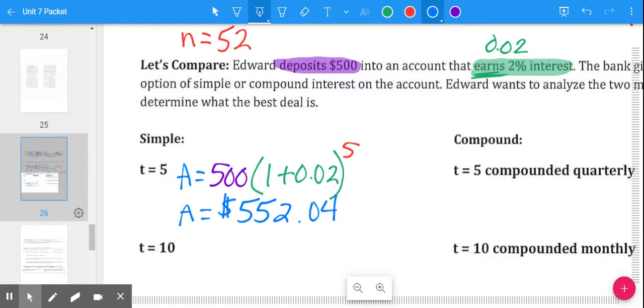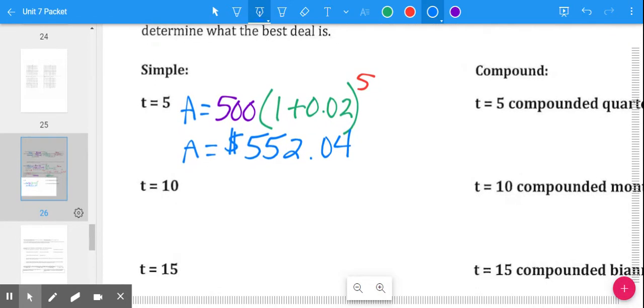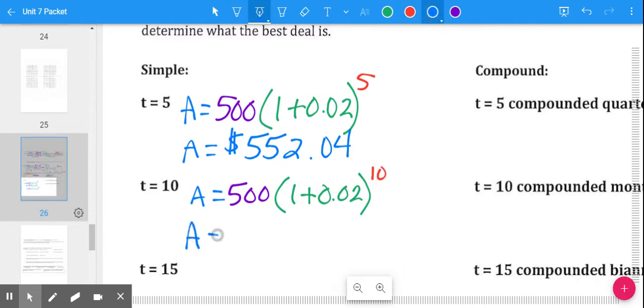Then if we do the same thing, simple interest with t equals 10, your amount of money is equal to your initial deposit, your principal, the 1 comes from the formula, the 0.02 is your percent, and this time we're talking about after 10 years. So when you plug that into the calculator, you get $609.50.